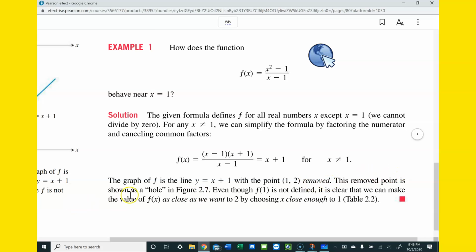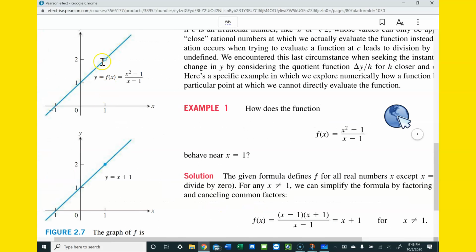This removed point is shown as a hole, and even though f of 1 is not defined, it is clear that we can make the value of f of x as close as we want to 2 by choosing x close enough to 1. I might say it like this. How close does this function get to the point (1, 2) right here? It gets as close as you can possibly imagine, and then some. The only limit to how close it can get to that point is the limits of your imagination.